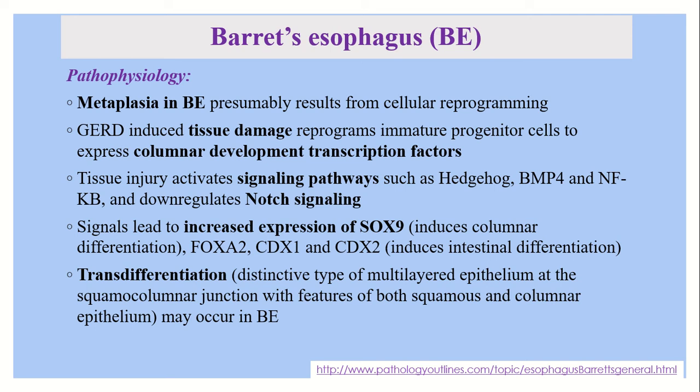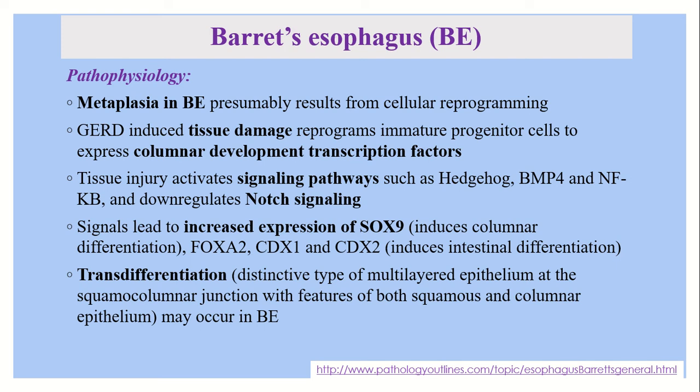The tissue injury activates signaling pathways such as Hedgehog, bone morphogenetic protein 4, nuclear factor kappa B, and downregulation of Notch signaling. The signals lead to increased expression of SOX9, which induces columnar differentiation, and FOXA2, CDX1, and CDX2, which induce intestinal differentiation.